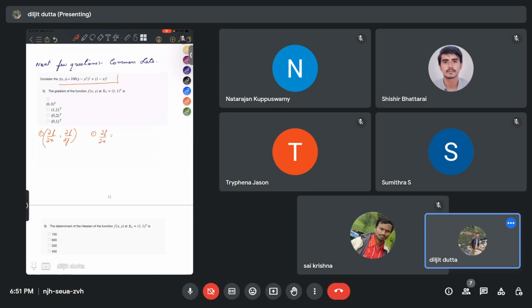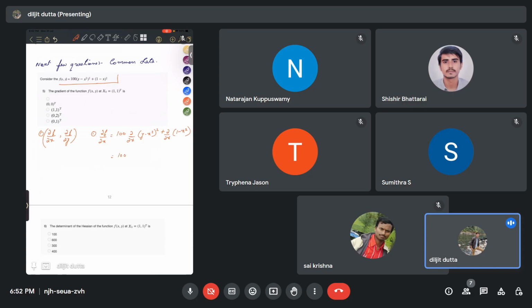How do we get it? If we differentiate this function, it will be 100 into del by del x of (y minus x square) whole square, plus del by del x of (1 minus x) whole square.